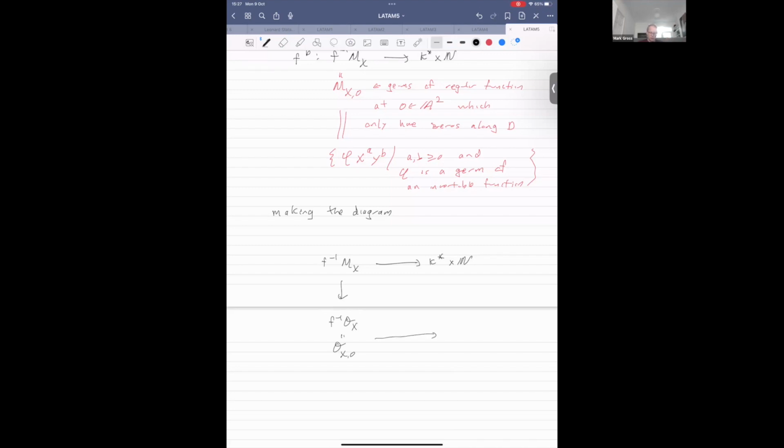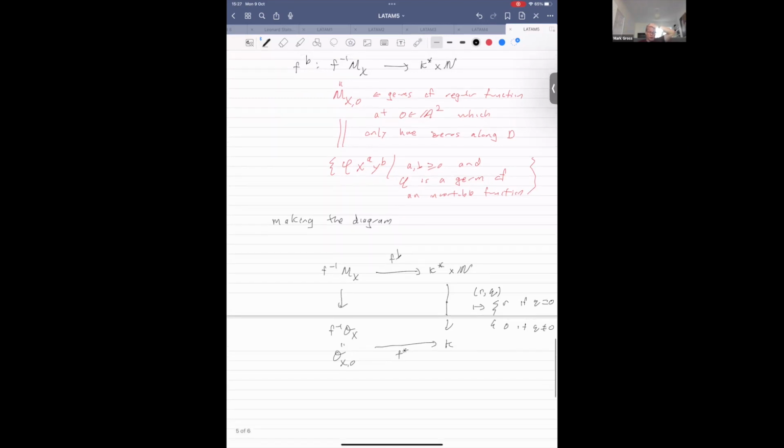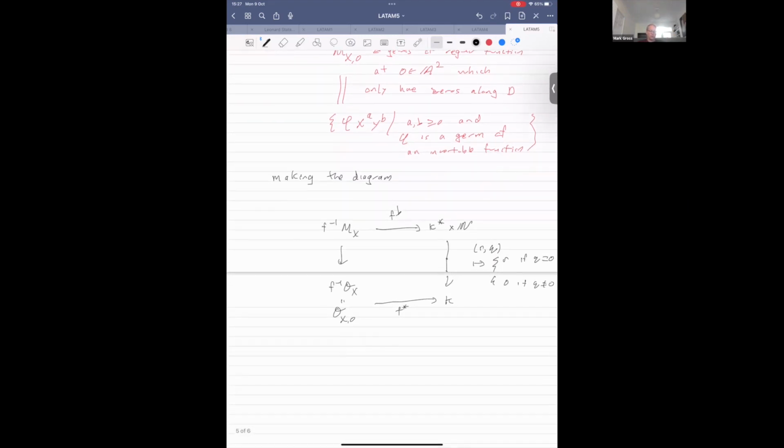And that should go to F upper star, this is F flat, this should go to K. And if you remember, the map on the right is RQ gets mapped to R if Q equals 0 and 0 if Q is not equal to 0. Okay, so how do we specify F flat? Well, let's note a few things here.